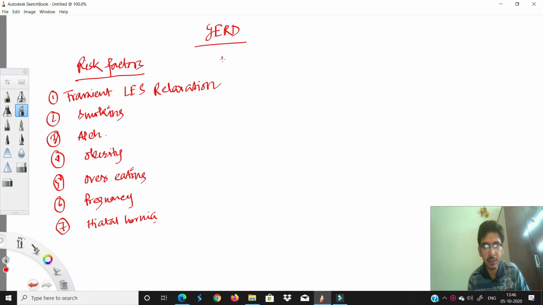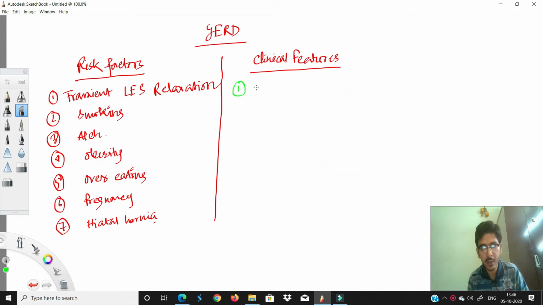Now, what are the clinical features of this disease? Three most common clinical features are: first one, retrosternal pain, most important.